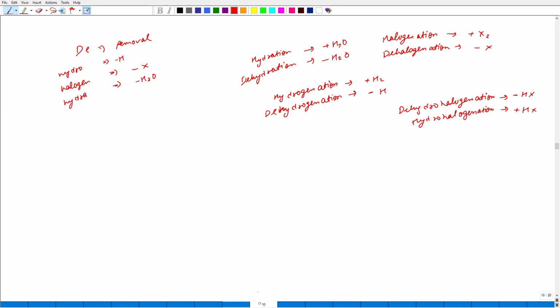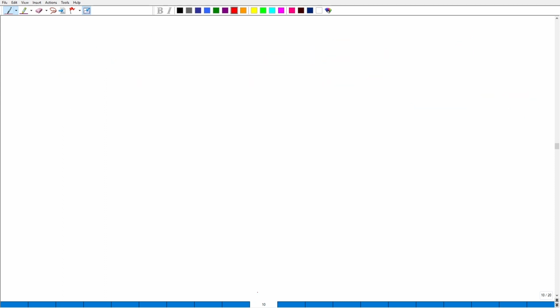Now, let us discuss some chemical properties. Physical properties I have already discussed in the previous class. So, now let us start. While discussing the chemical properties of any molecule, a few things should be kept in mind.